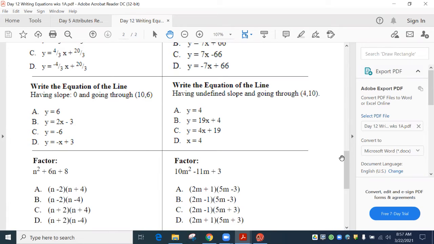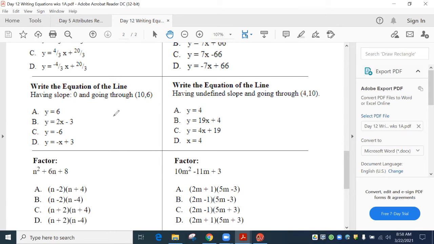This Y right here says I'm only allowed to have Y's in my answer. And when we say it's only Y's, it can only be the Y coordinate as well. So what's the Y coordinate? 6 is the Y coordinate of my point right here.